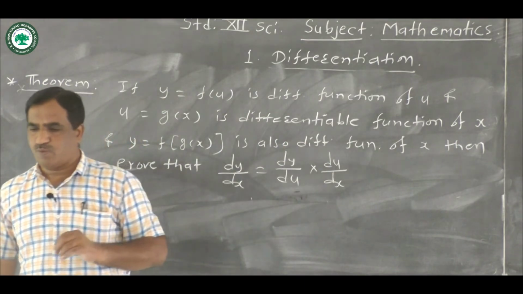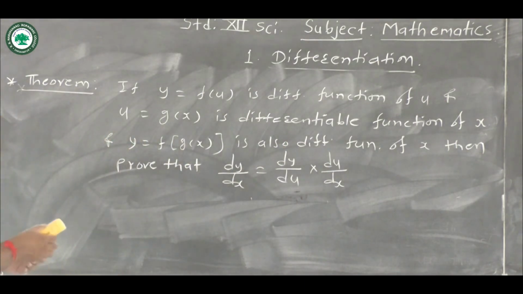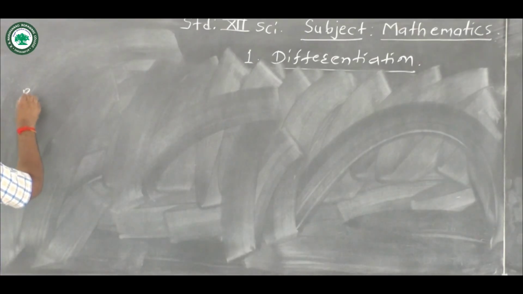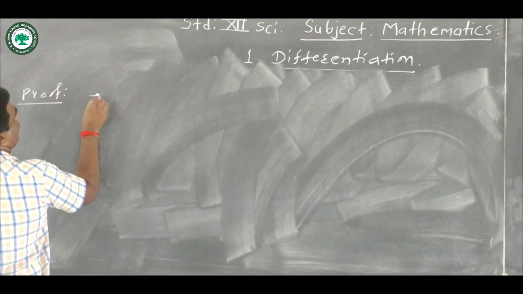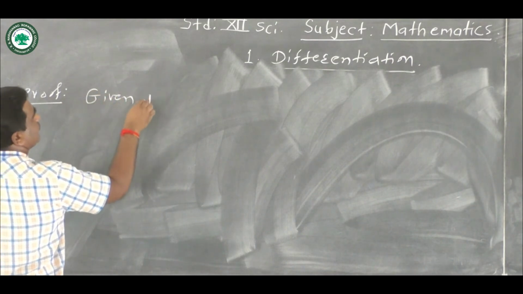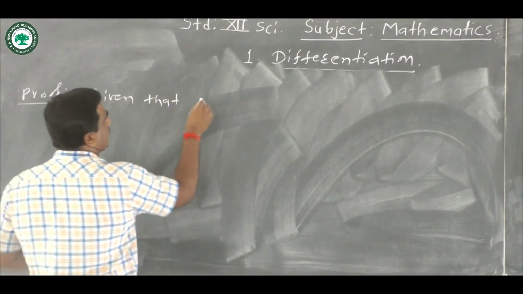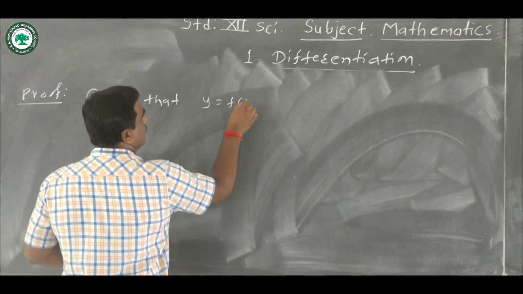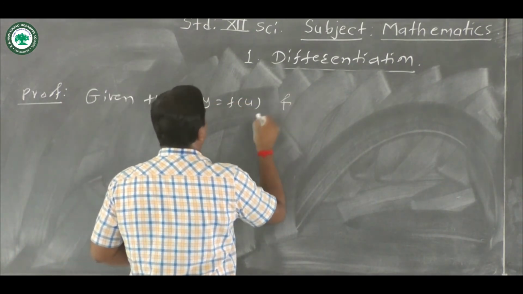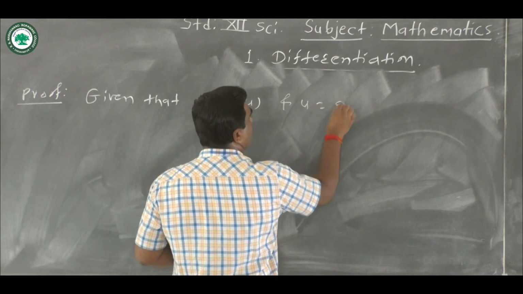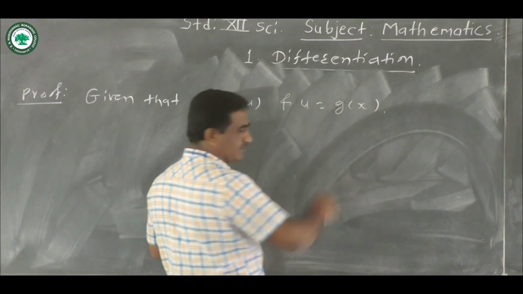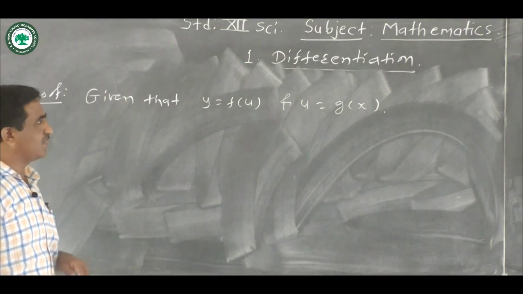Now we see the proof for this theorem. Proof. Given that y equal to f of u and u equal to g of x. These are the given functions.